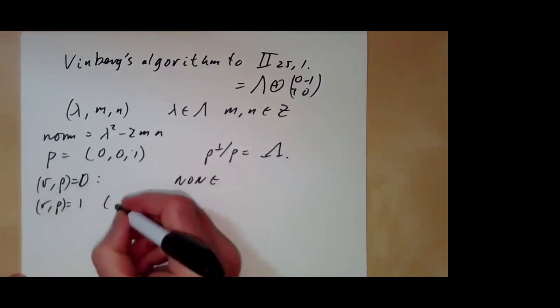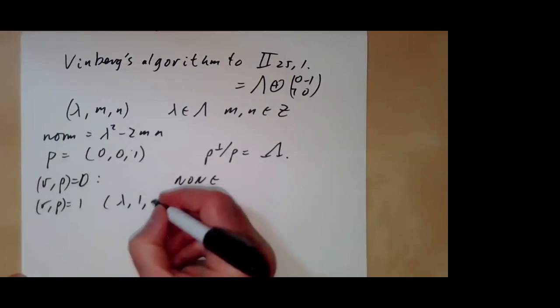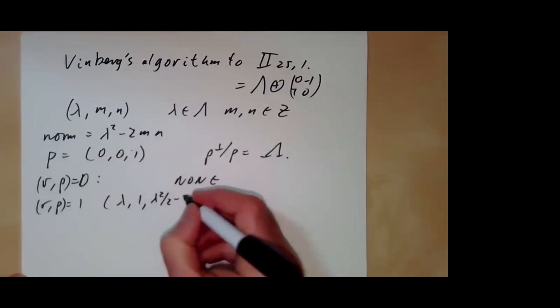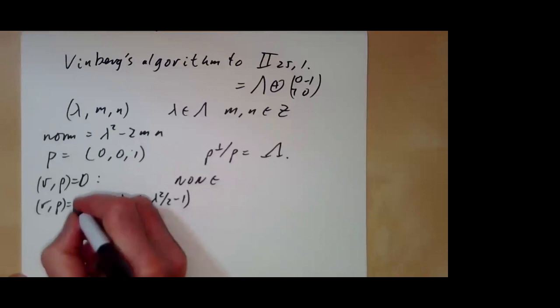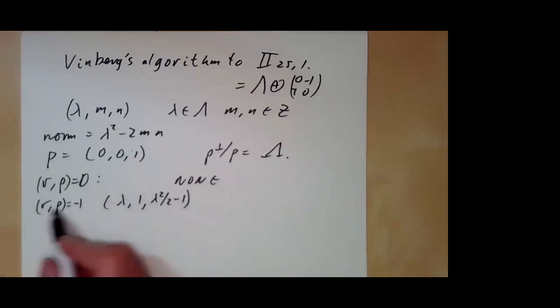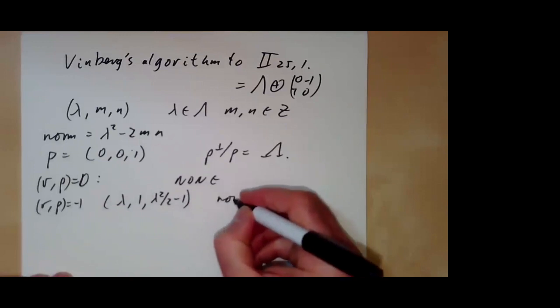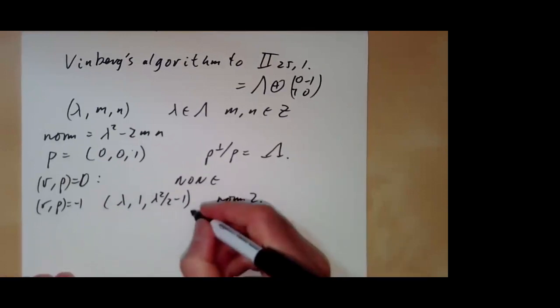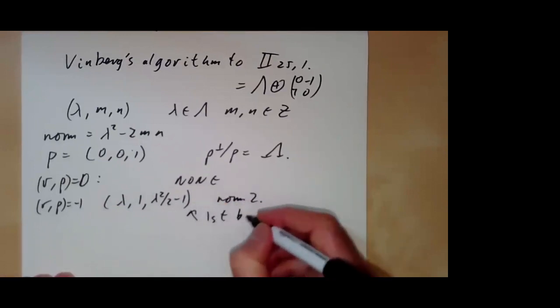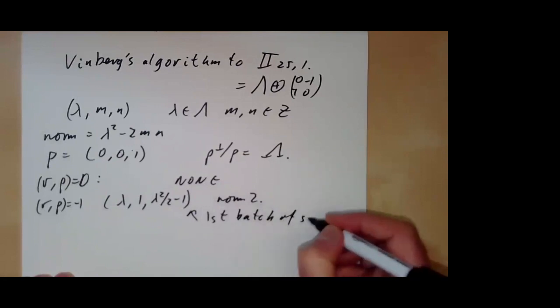And now we get roots which look like (lambda, 1, lambda squared over 2 minus 1). So this should be minus 1. I'm taking them in order of minus (r, rho). The problem is that there are 2 sign conventions for Lorentzian lattices, and I always get them a bit muddled up. So this is norm 2, and this is the first batch of simple roots.